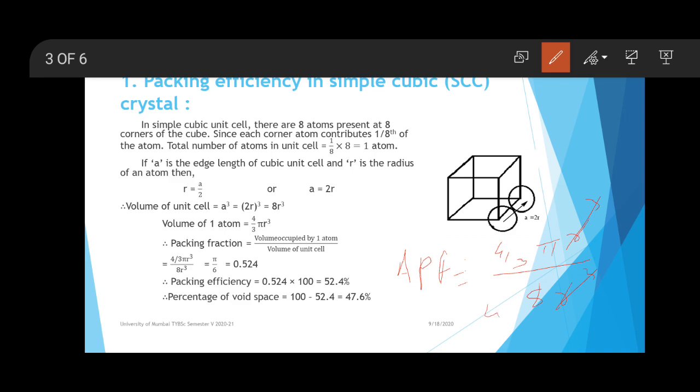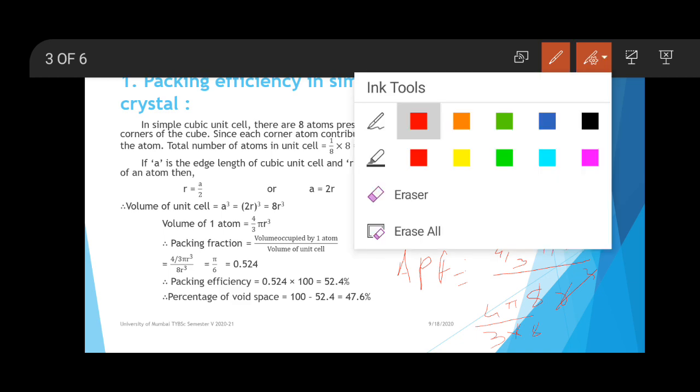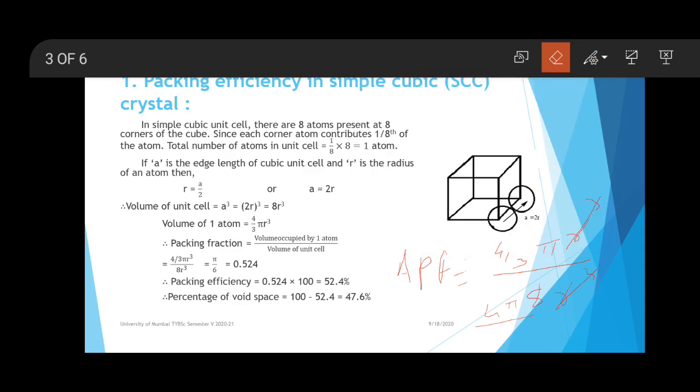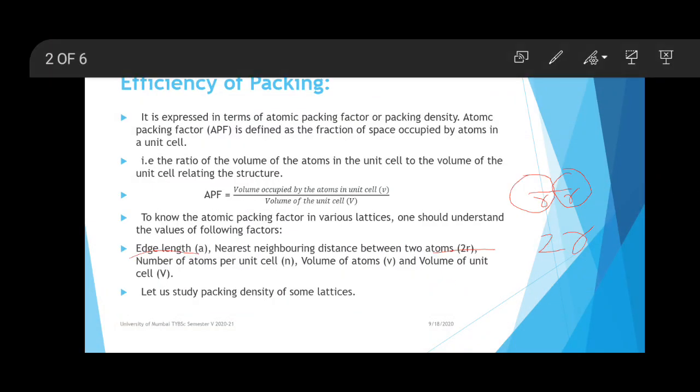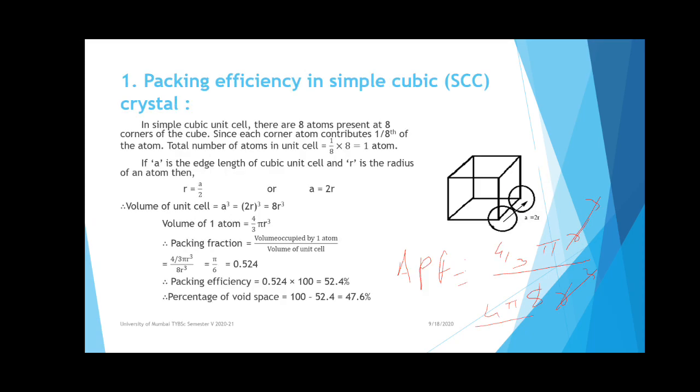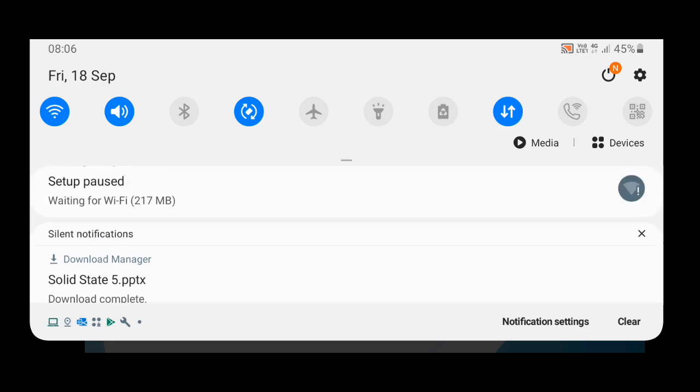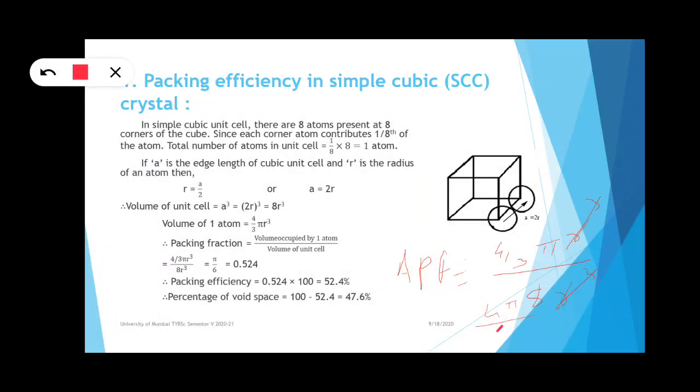So 4 pi upon 3 into 8. 3 into 8 is 24. So 4 ones are 4, 4 sixes are 24. So it becomes pi upon 6.